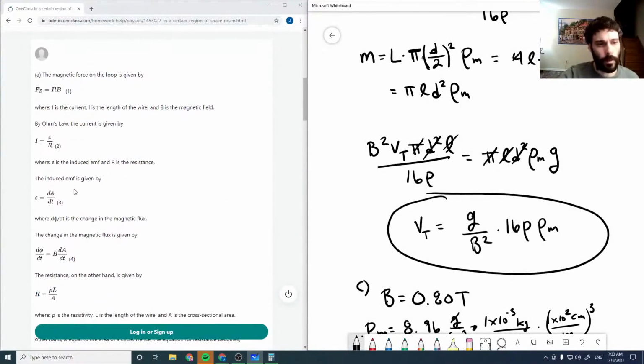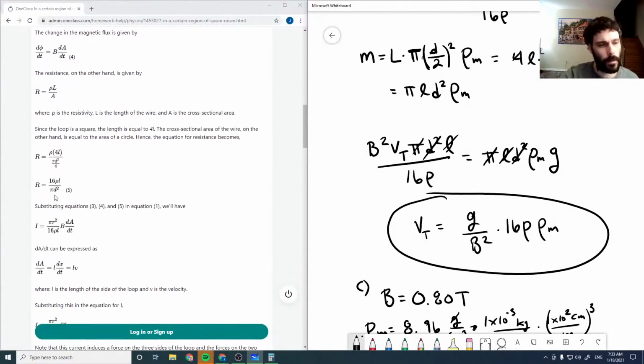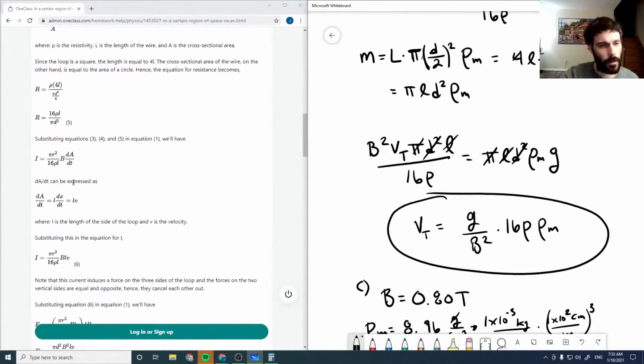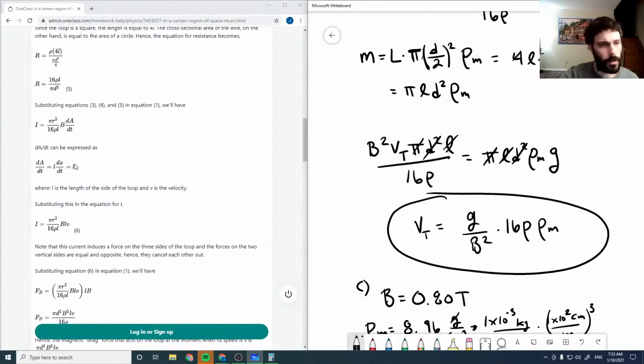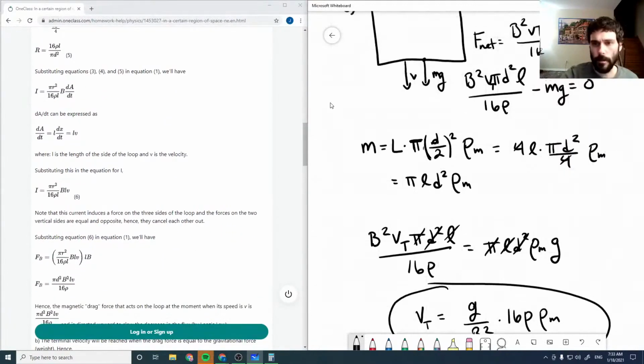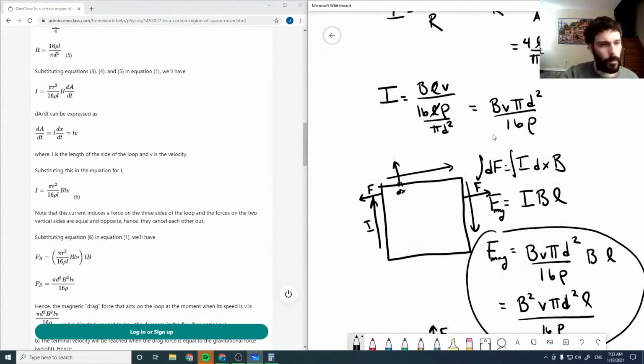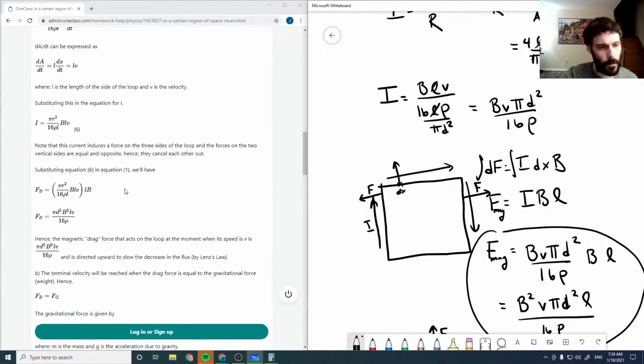And so there's our induced EMF, and there's our resistivity. There's our current. Our dA dt is just LV. And so the current is going to be BV pi d squared over 16 rho. Oh, they just didn't cancel the L, so that's okay.